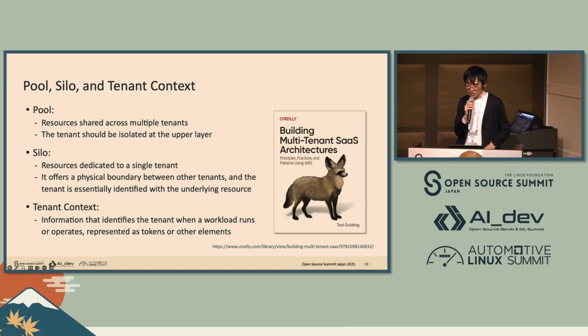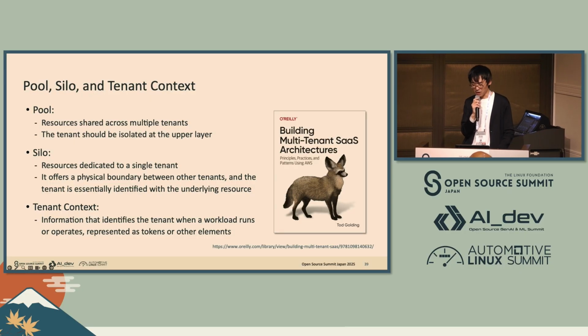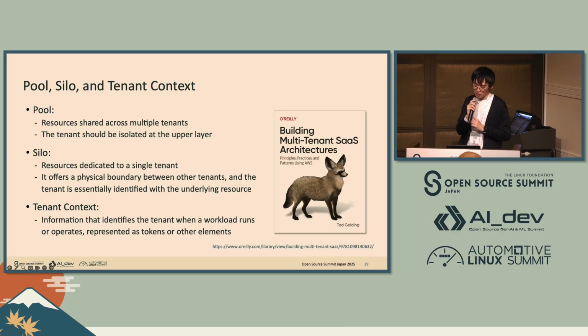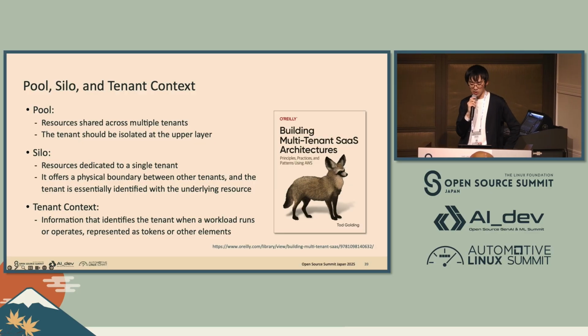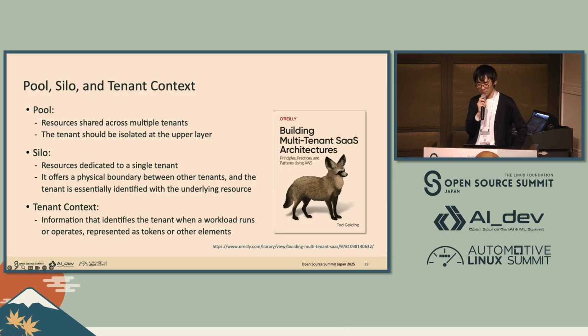This approach is based on the same principles in designing multi-tenant SaaS applications. So if you are interested, please refer to this book. In this book, we can see three concepts for multi-tenant architecture: pool, silo, and tenant context.